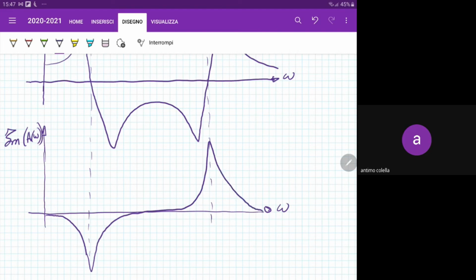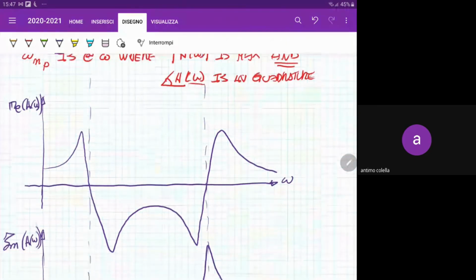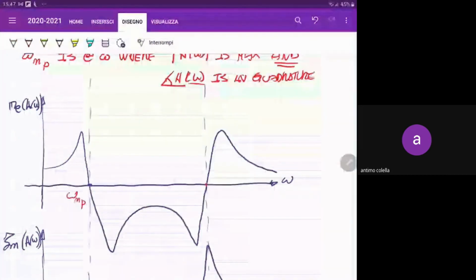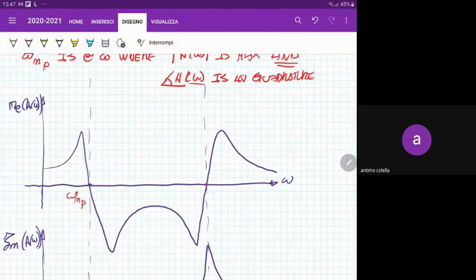Okay, so here once again we are having the natural frequency p, and here we are having the natural frequency p plus 1.